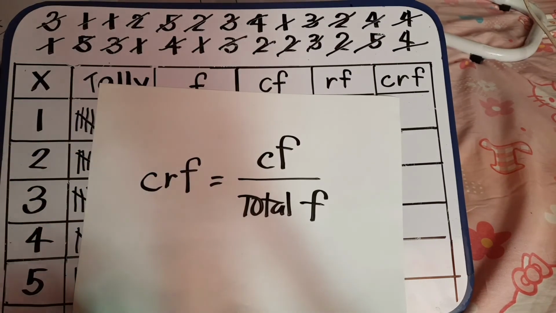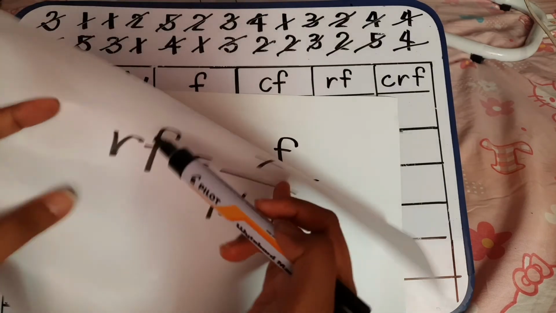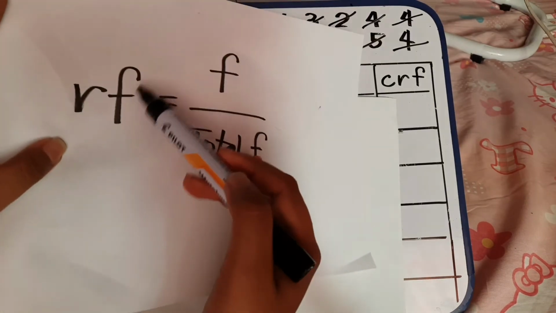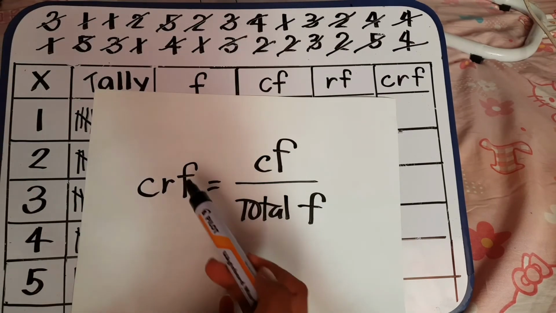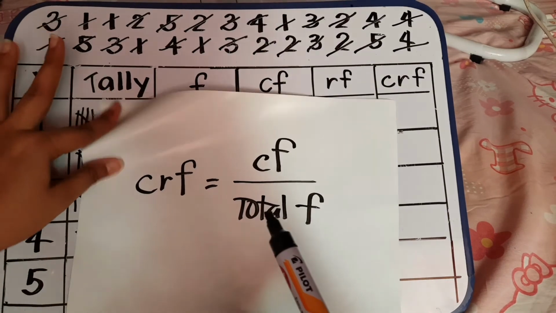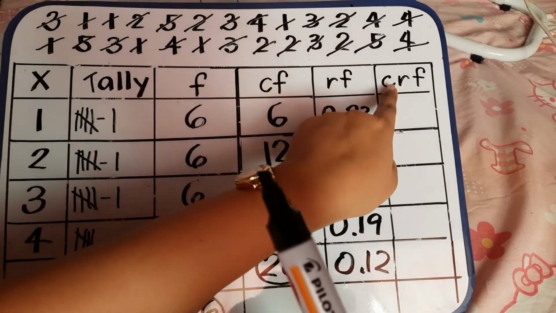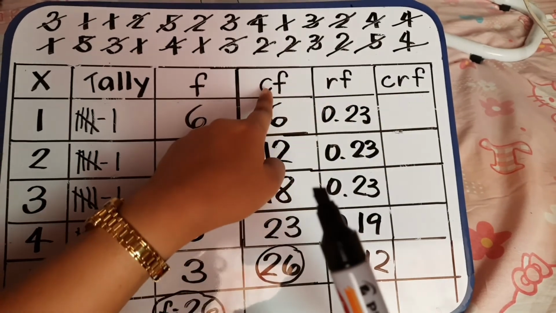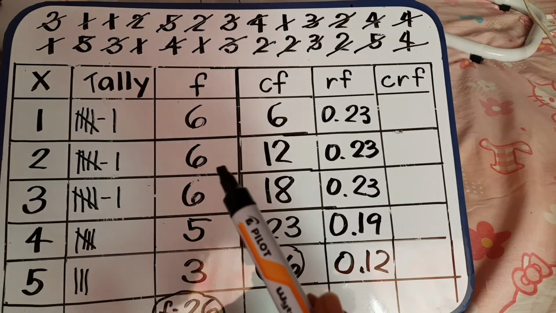Okay, pansinin nyo, yung kanina, RF natin is relative frequency. So, ibig sabihin, yung frequency lang, di-divide natin sa total frequency. Pagdating sa CRF, yung relative naman sa cumulative frequency ang i-divide sa total F. So, alin ba dyan yung ating CF? Ito, di ba? Relative cumulative frequency. So, cumulative frequency divided by the total number of frequency.